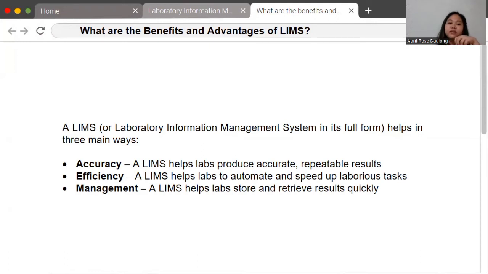So next is the efficiency. A LIMS helps labs to automate and speed up laborious tasks. So, meaning ang LIMS ay efficiency. The main purpose of using LIMS in the laboratory is to improve the efficiency of sample processing and data management.